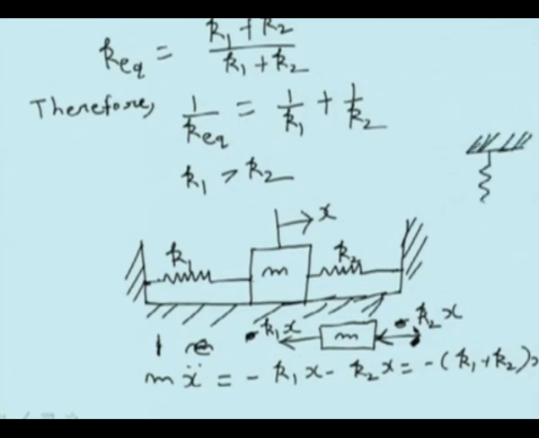Here they are in series, because after this one another spring is there, it gets stretched, and this point with respect to this point may move some other distance.